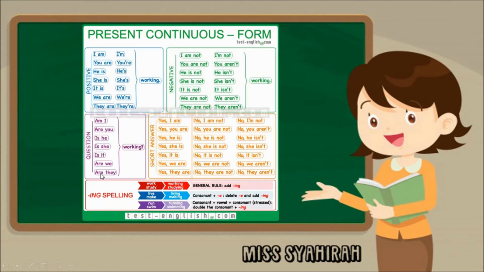Are they working? So you just reverse the position of the verb to be. Okay? And then short answer, yes I am, yes you are, and then no I am not. Okay, shouldn't be a problem for you. And then for ing spelling, usually you just add ing: working, studying, living, making. Okay.